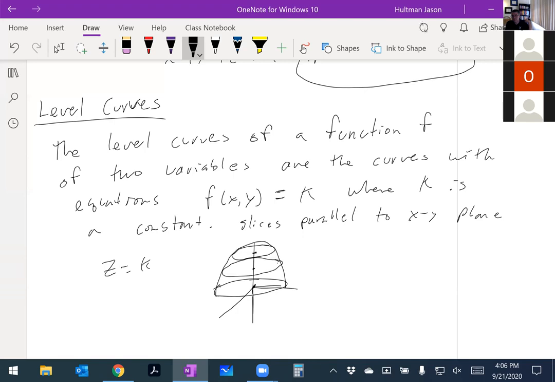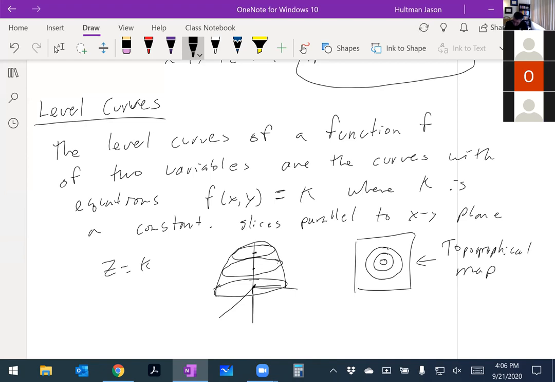Now, if you look at this top down, at a bird's eye view here, what are you going to get? You're going to get concentric circles, right? And this should be reminiscent of something called the topographical map.